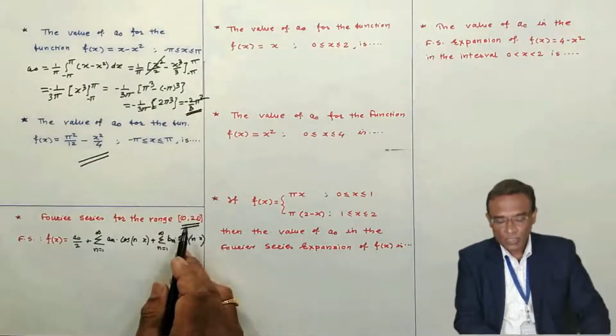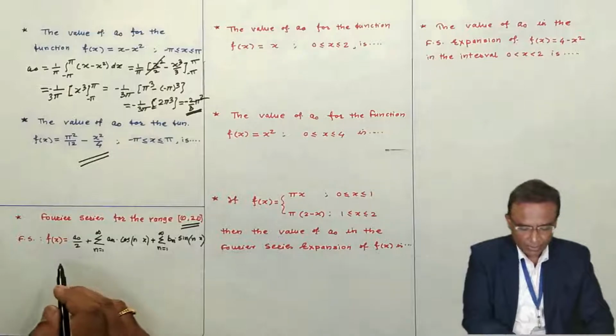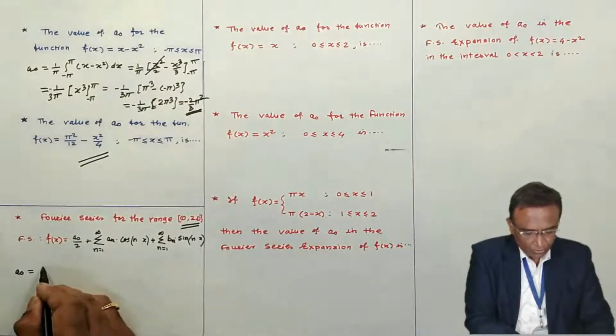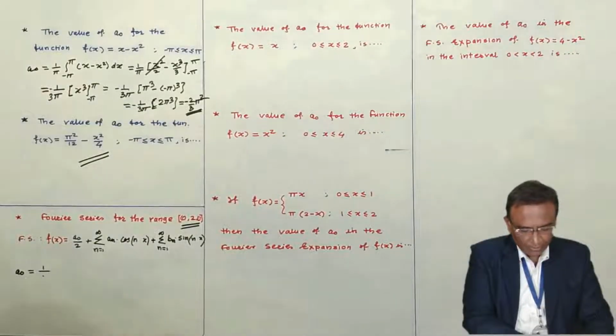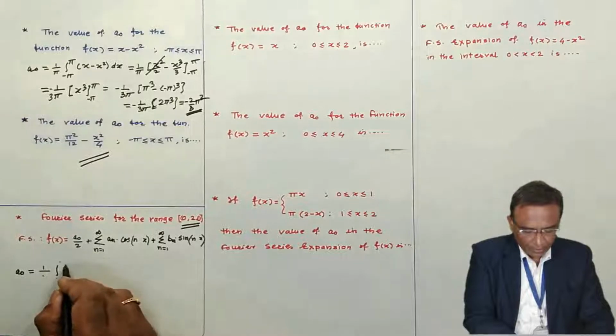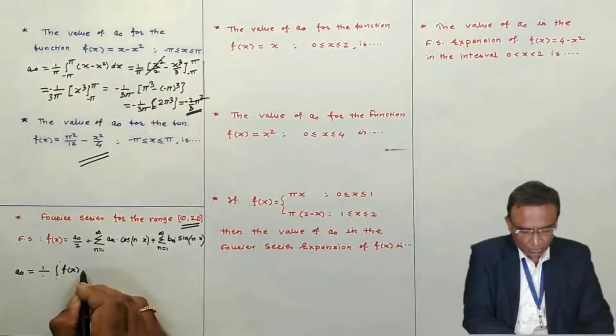I want to write the Fourier series formula for 0 to 2L, remember? Where a0 is equal to 1 by pi, 0 to 2L, f(x) dx. This is the formula for a0.